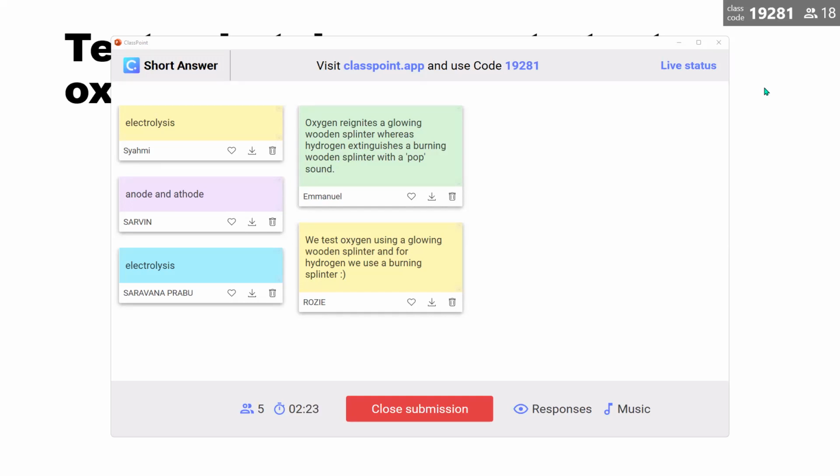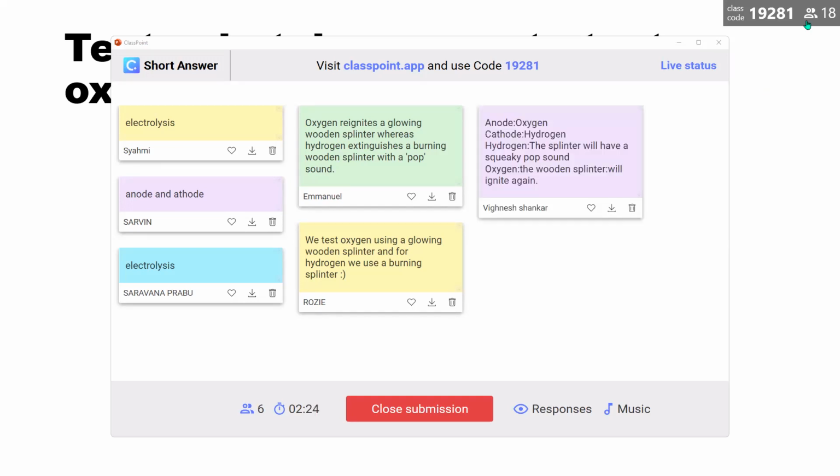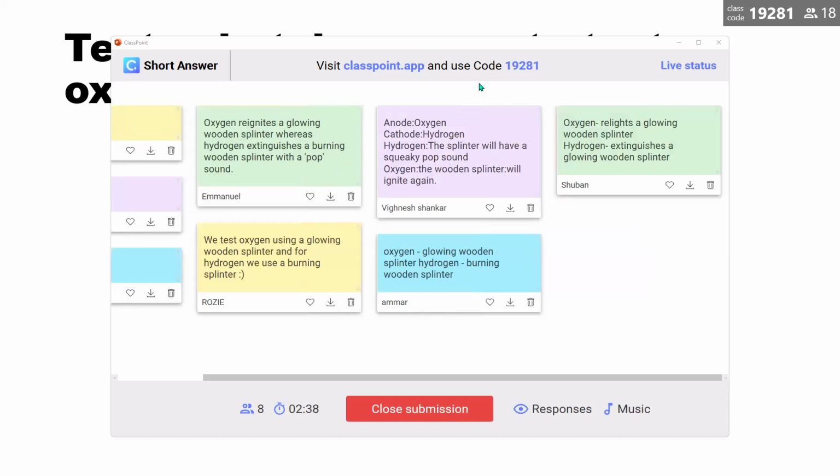Teacher only has 45 minutes left, okay? Actually you can use class point, not a problem. But Pranat, if you can't, just type in the chat, teacher's happy also. No problem. I'm going to close submission in 5, 4, 3.